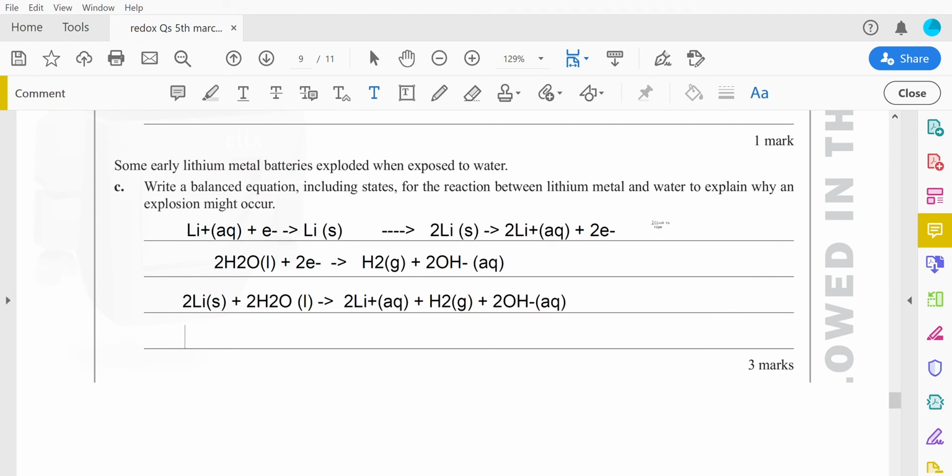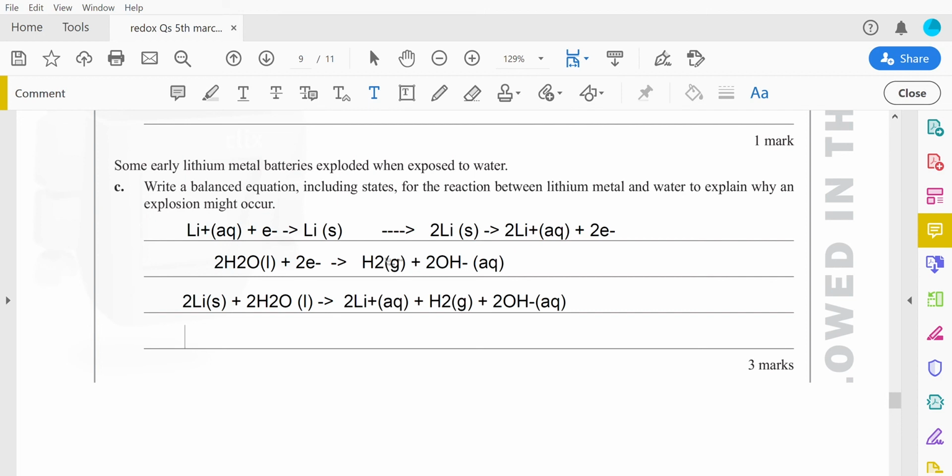And then what else is it asking? Well, it's asking to explain why an explosion might occur. We've already done a question like this. What are we producing when lithium metal and water reacts? Well, we're producing flammable hydrogen gas.